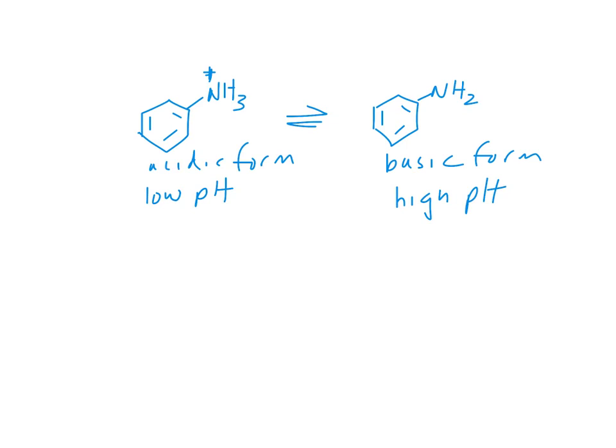All right? So the acidic form, is that going to be more water soluble or organic soluble? Water soluble, right? Because it's ionic. And the basic form is neutral, so it's going to be organic soluble.